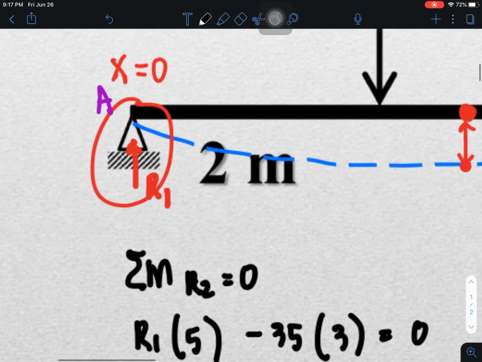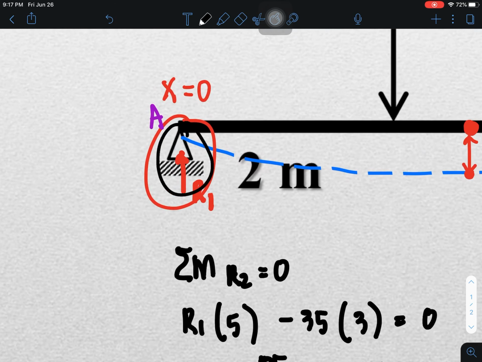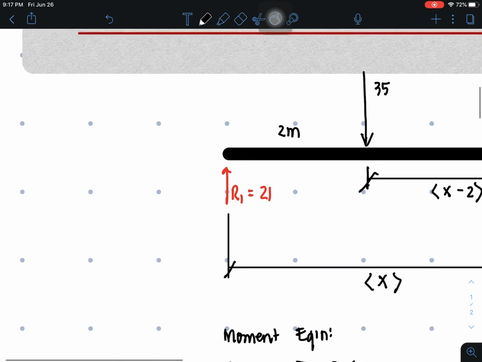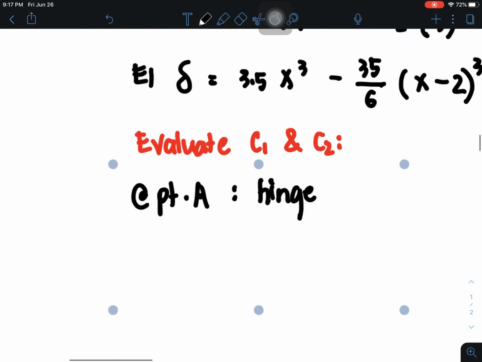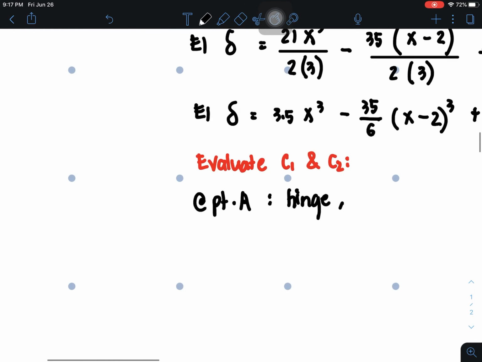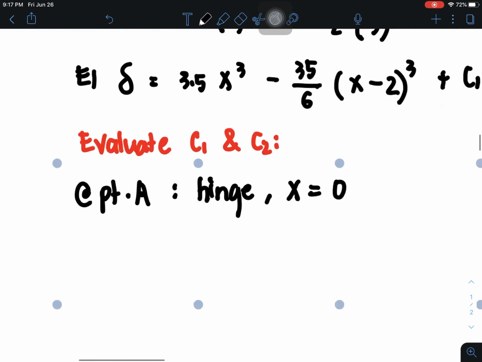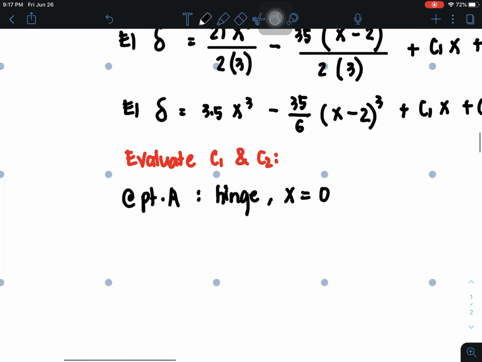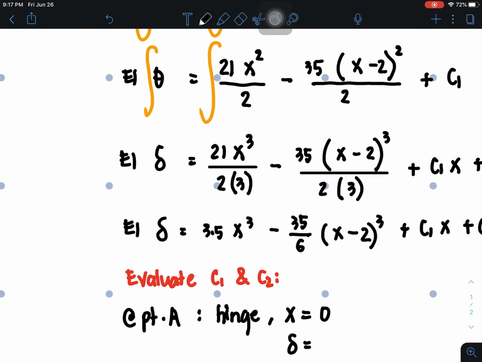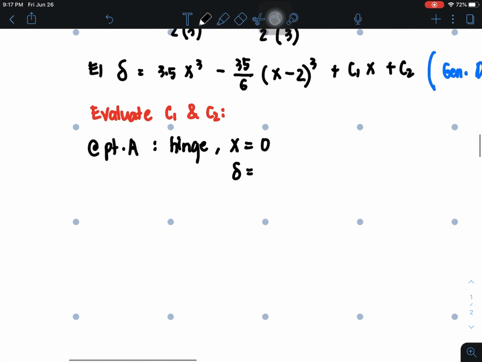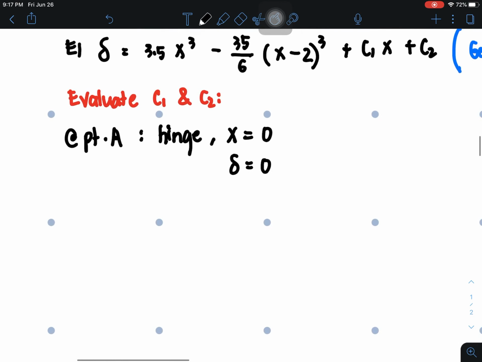At point A, there is a hinge. Therefore, at point A, x is equal to 0, at the far left side. Since it is a hinge, the value of our deflection is equal to 0. Right? Whenever it is a hinge. And then our slope is not 0.